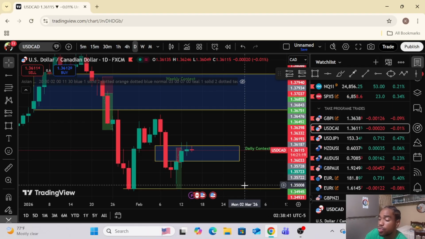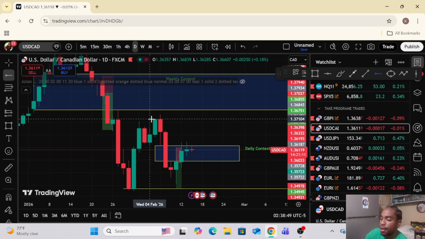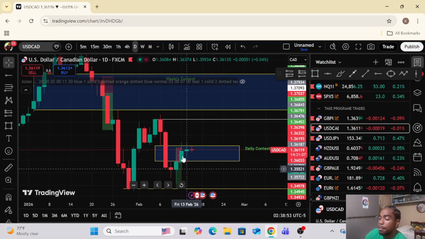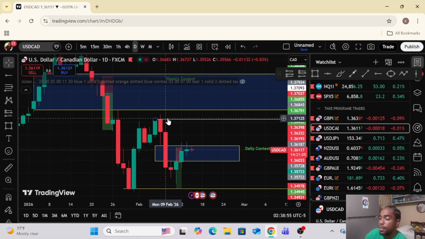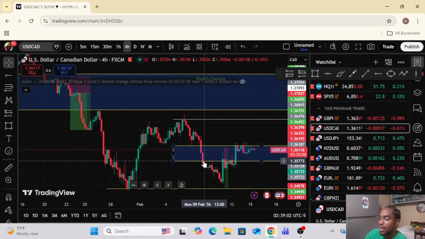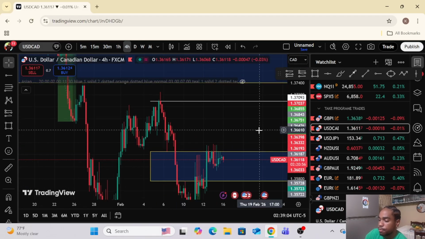If it does not want to go ahead to the downside, then guess what? It wants to head to the upside. So this right here, I'm not interested in this pair this week, but this right here would be my new drawn liquidity. Okay, so I would do something of that nature.